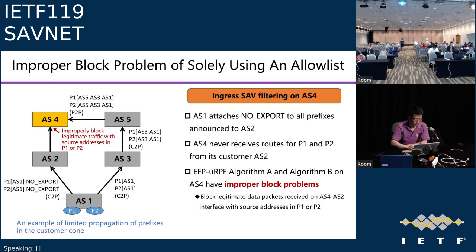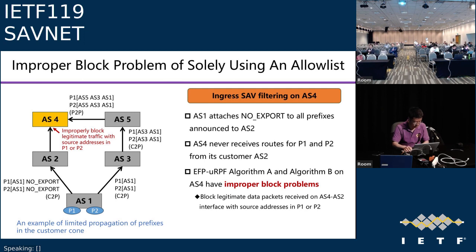Here we use a similar example to show the improper block problem of solely using an allow list. In this figure, there are 5 ASs, and we focus on ingress SAV filtering on AS4. AS1 has 2 providers, AS2 and AS3. And AS1 attaches no-export to all prefixes announced to AS2.